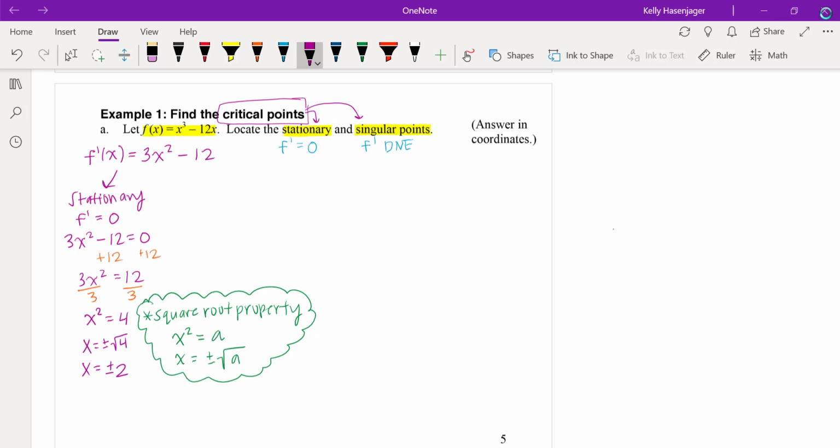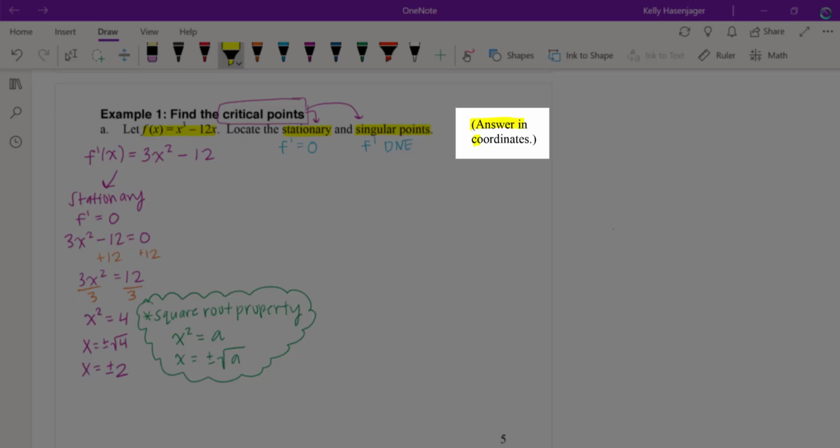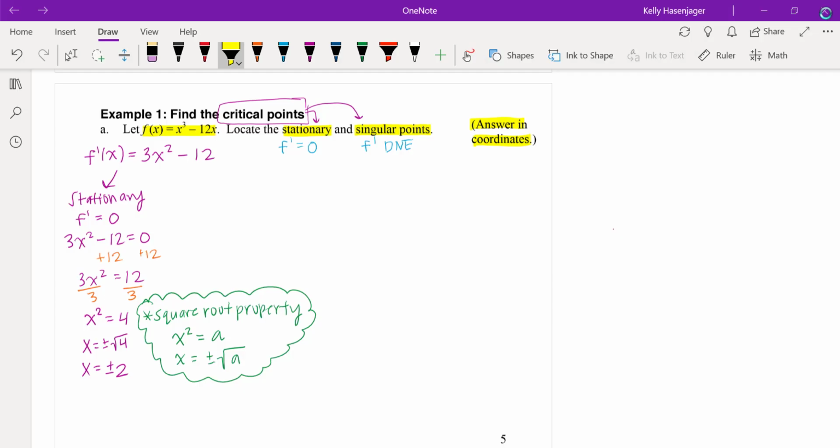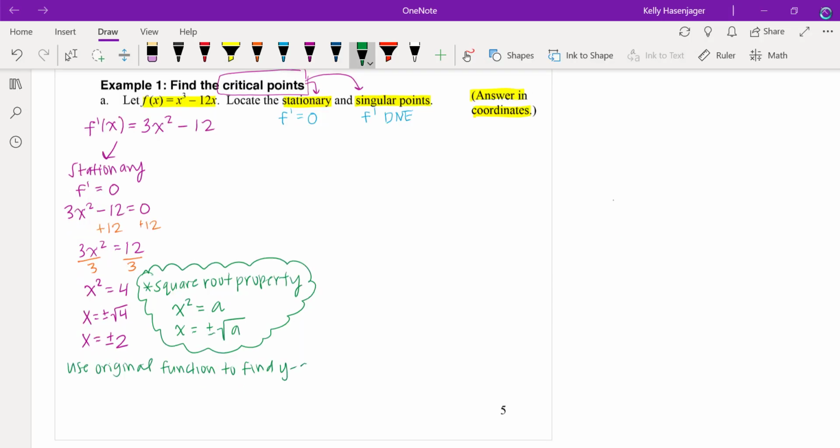So we found the two x values where we have a stationary point, but the question asked us to answer in coordinates. To find the y values, we're going to use the original function, f of x is equal to x cubed minus 12x.